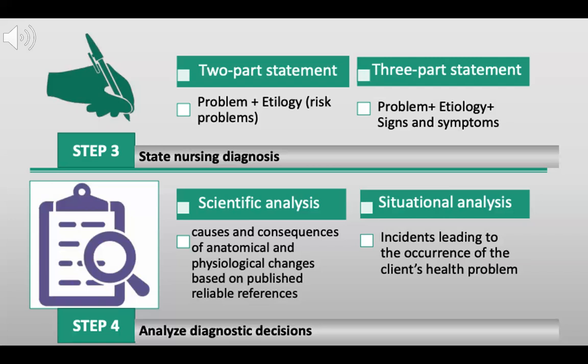In doing analysis, it is helpful to make both scientific and situational analysis. When we say scientific analysis, it reflects reference-based causes and consequences of anatomical and physiological changes. While situational analysis is the client's circumstances that predispose the client to develop the disease.